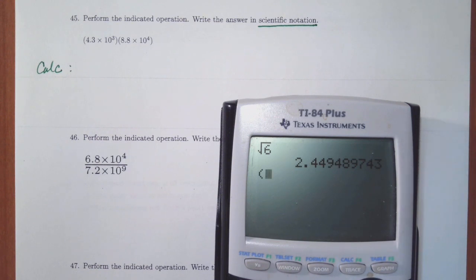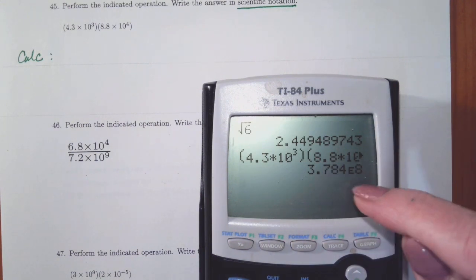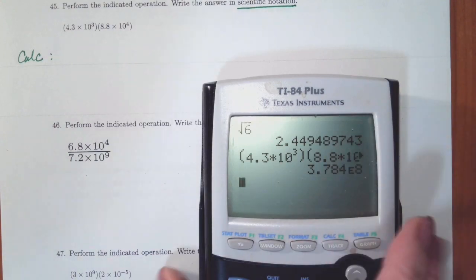So I'm just going to do it exactly like it says. 4.3 times 10 to the third, times 8.8 times 10 to the fourth, and on your graphing calculator, this E8 means this is 3.784 times 10 to the 8th.